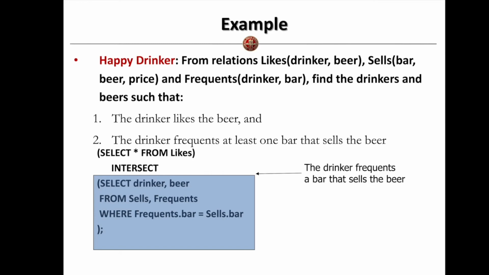Between these two conditions, we have an AND, right? Therefore, we can use the INTERSECT operator to help us connect these two subqueries. It will return the happy drinkers who both like the beer and frequent at least one bar that sells the beer.